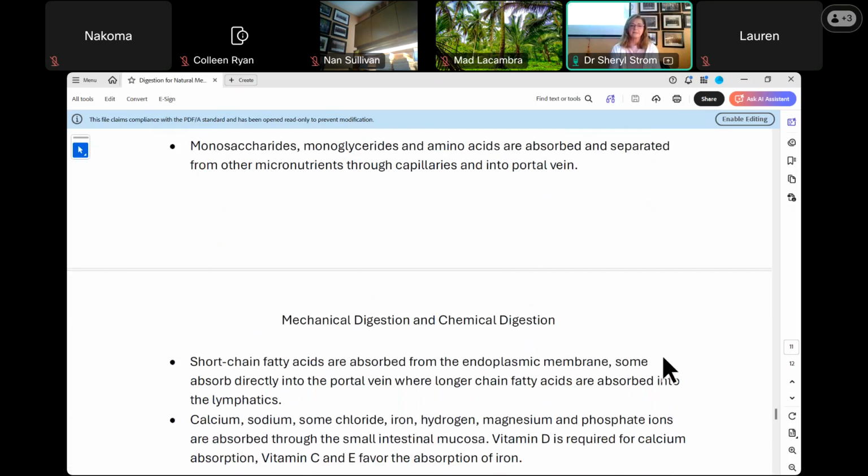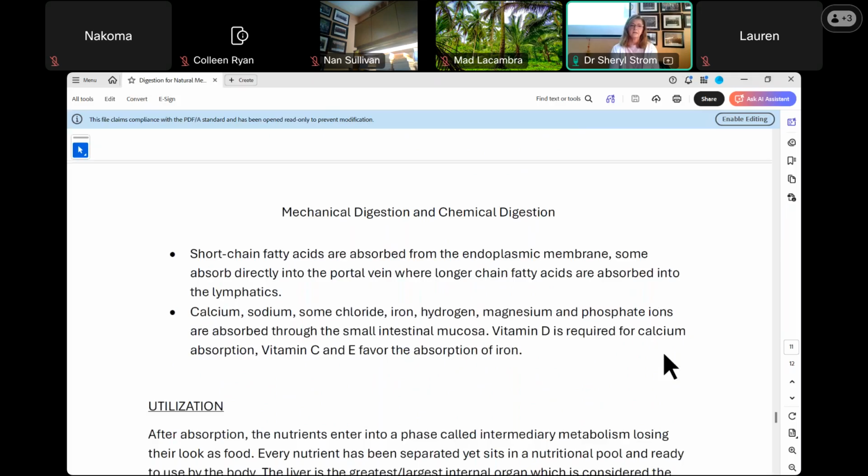Some absorb directly into the portal vein, where long chain fatty acids are absorbed into the lymphatics. Calcium, sodium, some chloride, iron, hydrogen, magnesium, and phosphate ions are absorbed through the small intestinal mucosa. Vitamin D is required for calcium absorption. Vitamin C and E favor the absorption of iron.